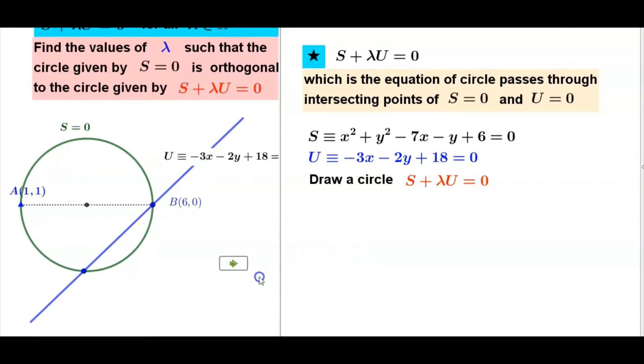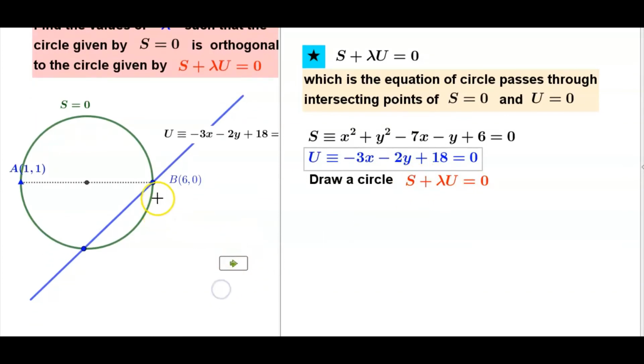This circle must go through the intersecting points of this circle and this line. They intersect at 2 points, therefore the circle S plus lambda u is equal to 0 definitely must go through these 2 points.